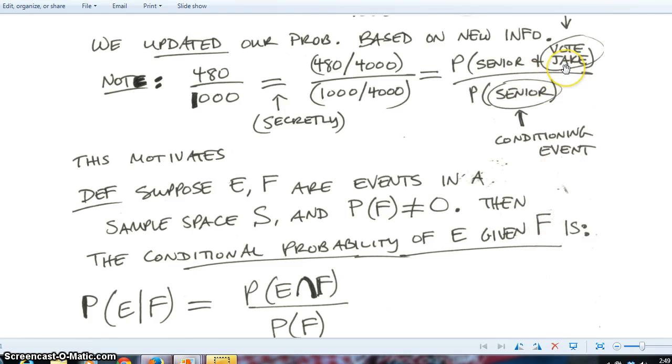Notice if you let E be vote for Jake, and you let F be select a senior, that's exactly what we did here. This is exactly the probability of the intersection divided by the probability of F. So that's the mathematical definition.